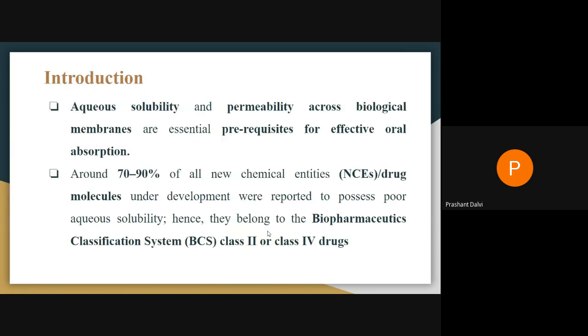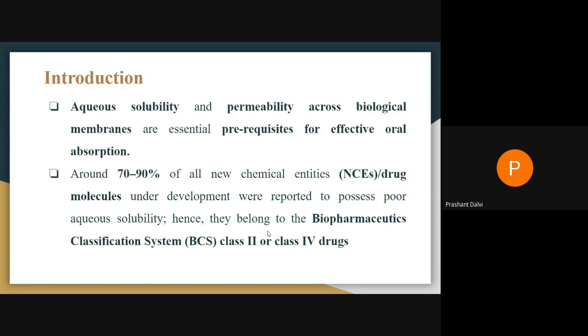So that's why the aqueous solubility of these new chemical entities and permeability across these biological membranes are the prerequisites for the effective absorption and therapeutic actions of any oral solid dosage form. As I already mentioned, about 70 to 90% of these new chemical entities discovered and developed come under class two and four, which report poor aqueous solubility.